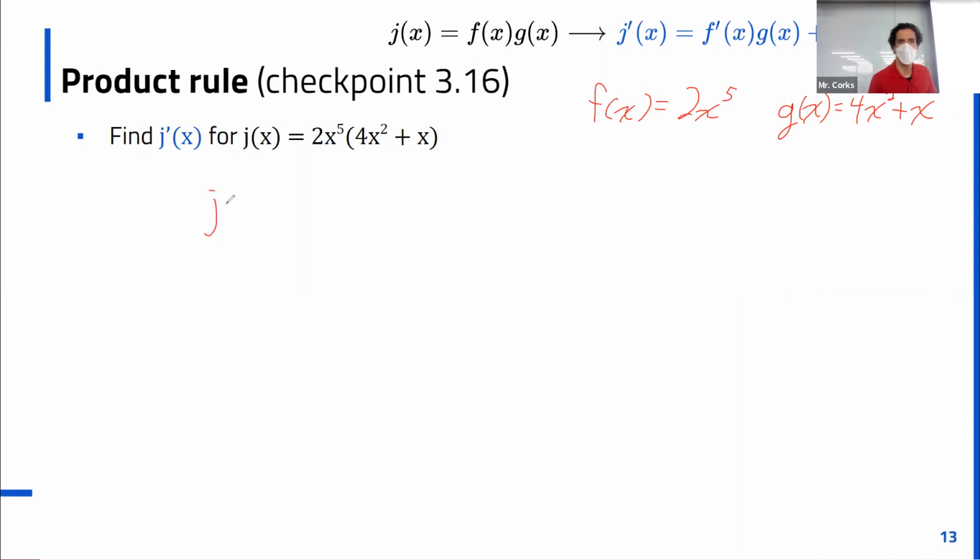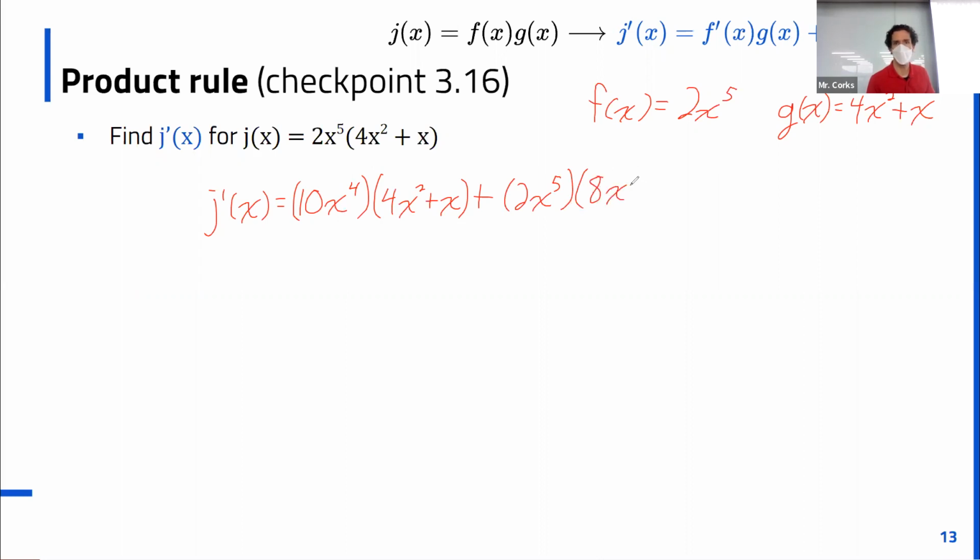So our derivative then would be our derivative of the first part. What is that? Okay, 10x to the exponent 4 times our original of the second part, 4x squared plus x, plus our original of the first part, 2x to the exponent 5, times the derivative here.